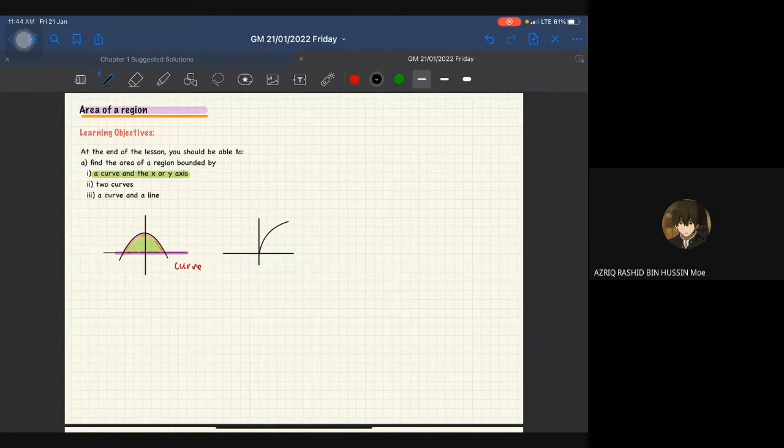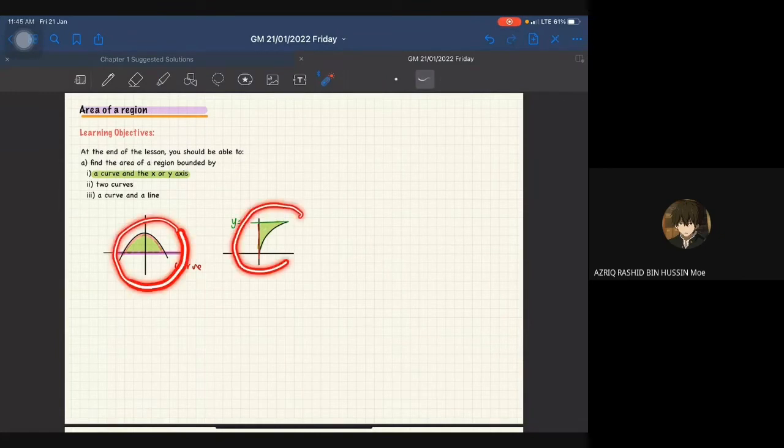Okay, so kita nak cari area of the curve dengan y-axis dengan y equal to, let's say ni 4. Y equal to 4. Okay, so kawasan yang tertutup adalah yang ini. So ini yang kita nak cari. Okay, so beza antara dua ni adalah yang ini dekat x-axis, yang ini dekat y-axis.